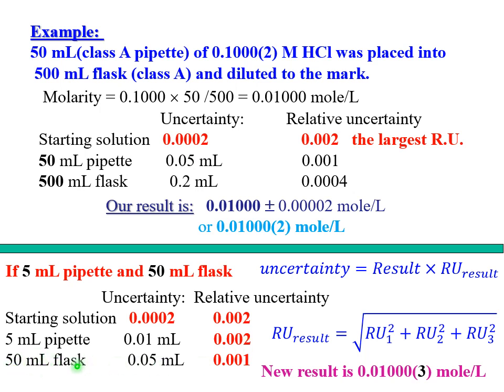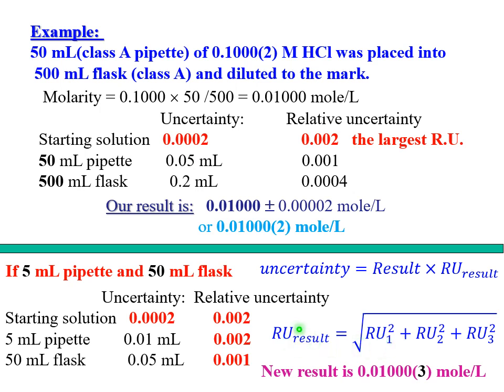Same story is with the flask. The flask is smaller, so tolerance is different, and this is the relative uncertainty. Now, these three numbers are almost of the same value. These are simply equal, so we need to take into account all of them.